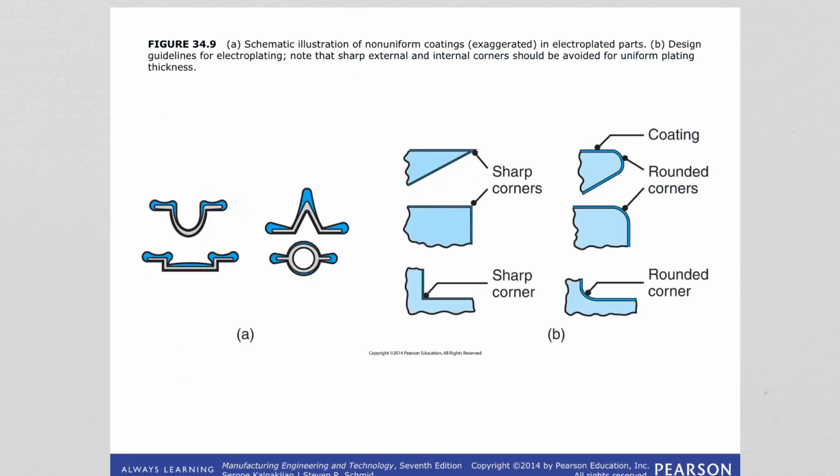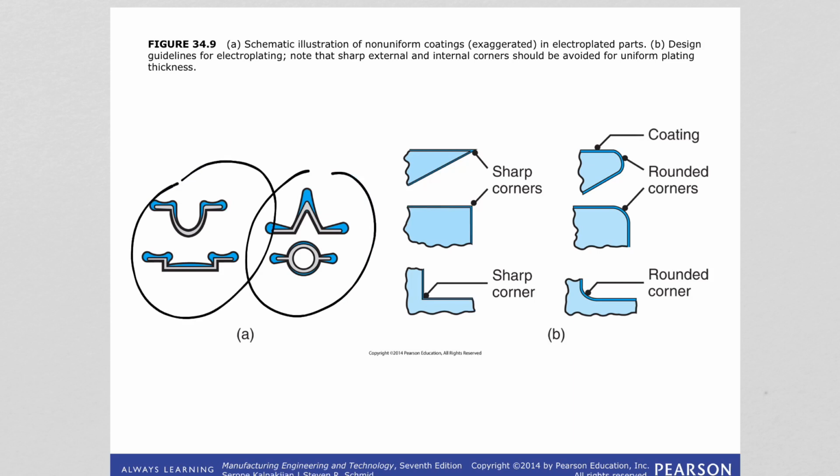So in electroplated parts, there can be non-uniform coatings, like you are seeing, due to the complexity of the shapes, like the corners, which you need to be careful about when doing electroplating if you want to achieve a uniform plating thickness overall. And you see the sharp corners in this image, that will result in poor electroplating, meaning non-uniform thicknesses overall.